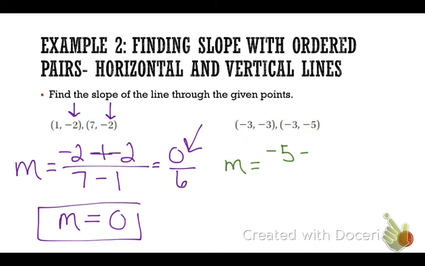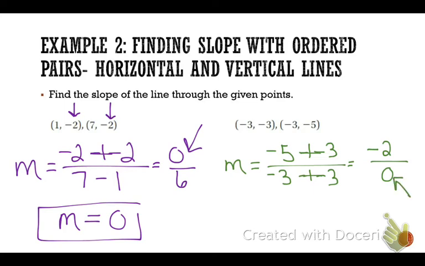All right, which one's y1? -3, so that's a double negative, over x2, which is also -3, minus -3. Lots of -3s. What happens to my double negatives? Changes to positives. Okay, and what's -5 plus 3? -2 over what's -3 plus 3? 0. Now 0 is in my denominator.